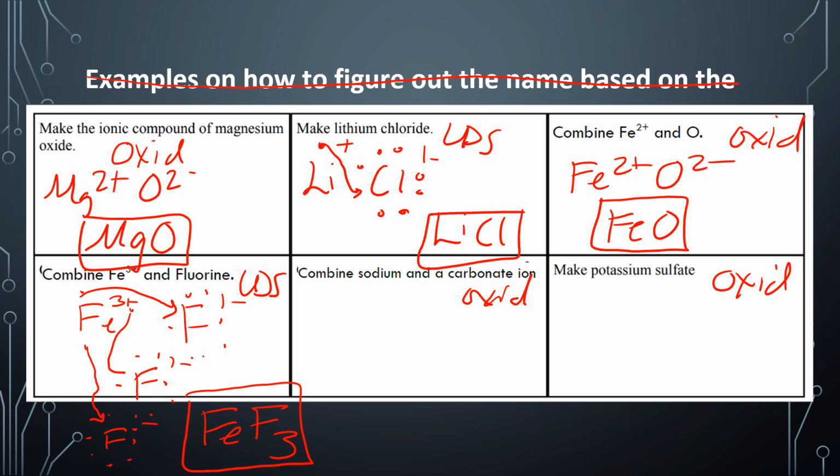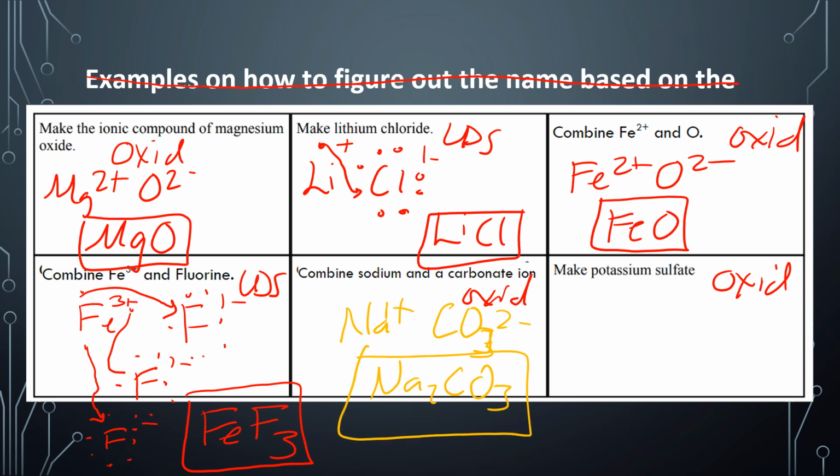I'm going to try this color. So sodium is Na+, a carbonate ion is CO3 2-. You crisscross your 2 and the 1 from the sodium, so you end up with just Na2CO3. Potassium sulfate.